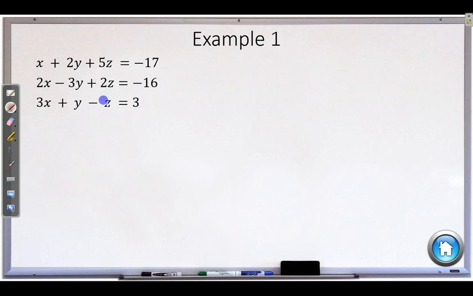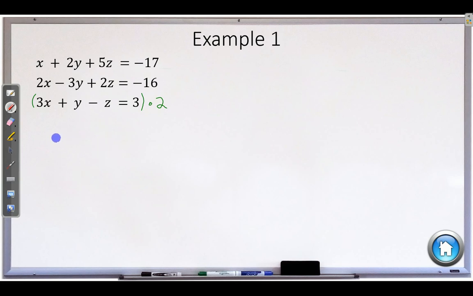In order for that to happen, I need this to be a 2 in front of the z. So what we'll do is we'll take this equation and multiply it by 2. That way this has a 2 in front and it will cancel out that 2.